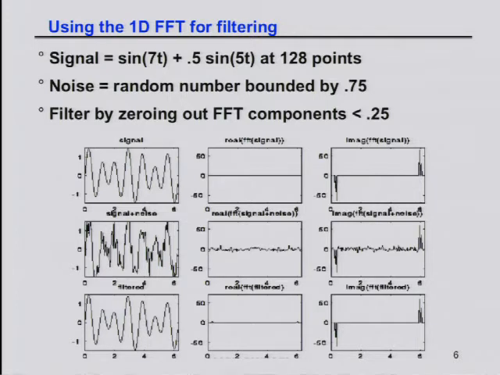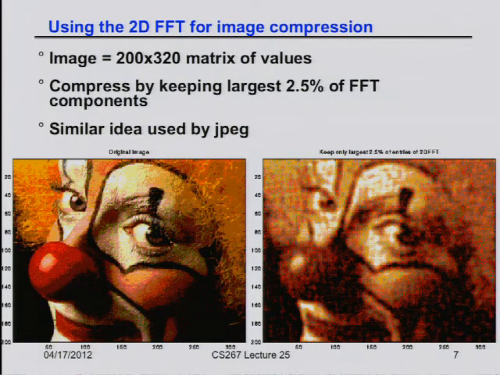In one dimension, let me do the same thing in 2 dimensions. So here is a typical 2-dimensional matrix. Each entry has a color associated with it. It's 200 by 320. What I'm going to do is compress it.